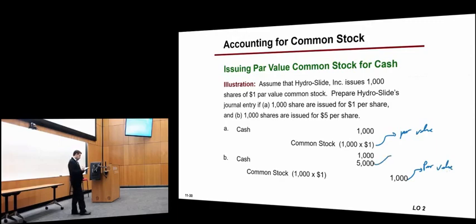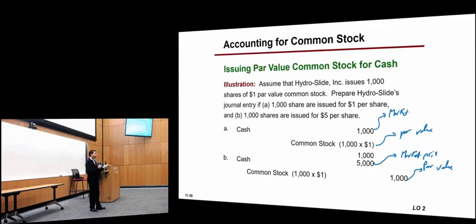The 5,000 is market price. In A, the market price was simply equal to the par value. What about the remaining part? The $4,000 will be credited to paid-in capital in excess of par value.